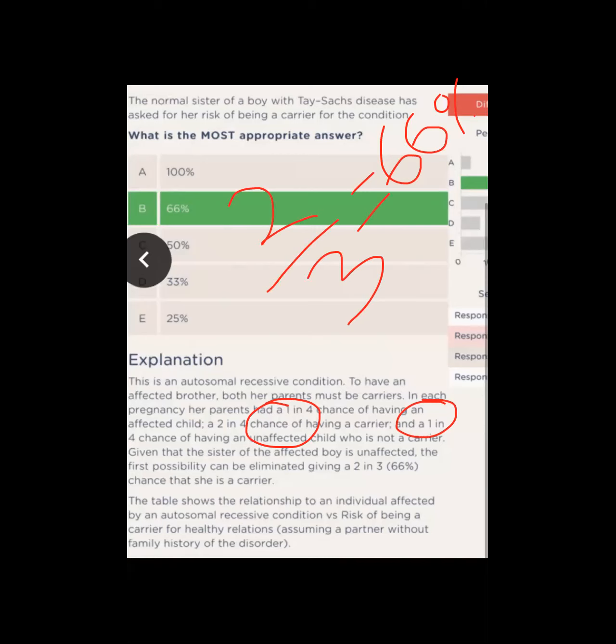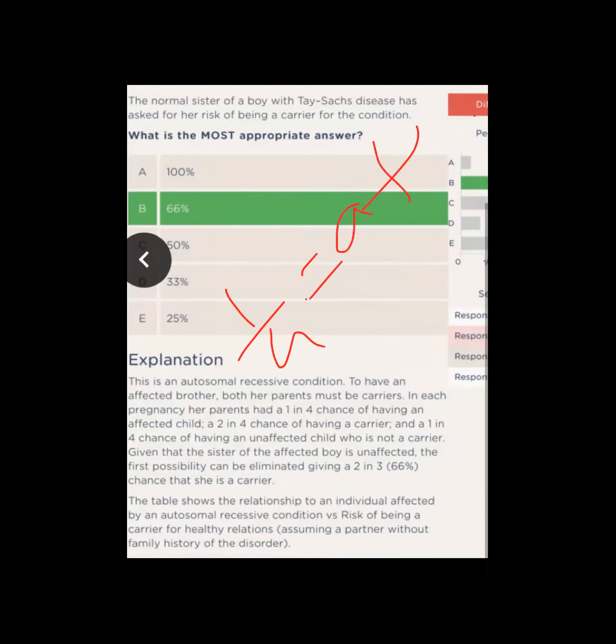Given that the sister of the affected boy is unaffected, the affected possibility can be eliminated, giving a 2/3, 66% chance that she is a carrier. As she is unaffected, we can discard the affected portion, the 1/4 portion. This is the affected portion, and we can discard this one.